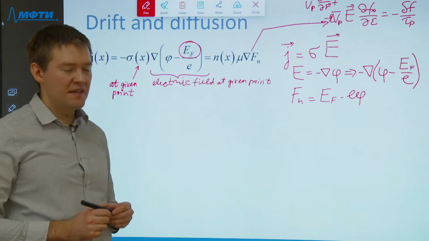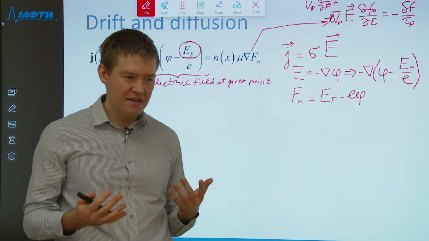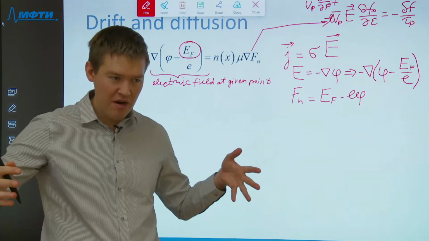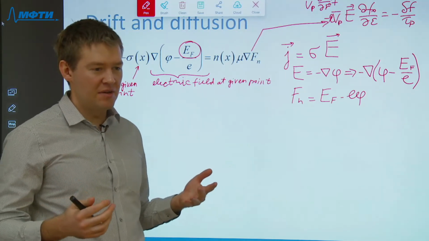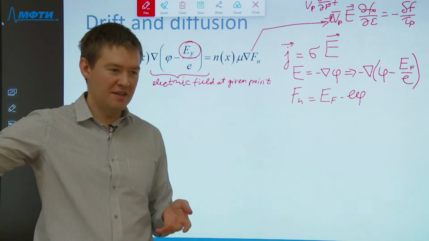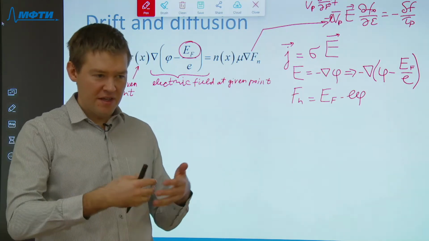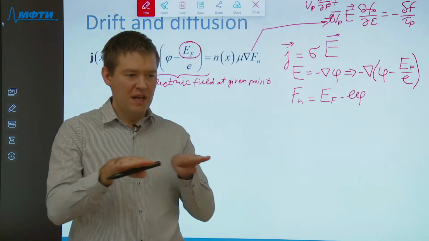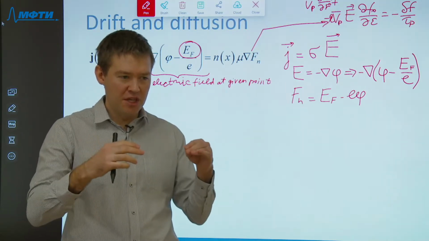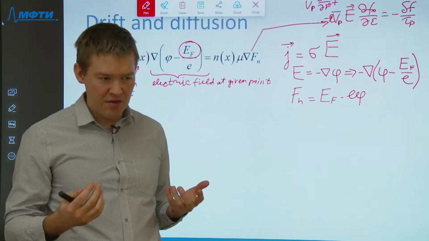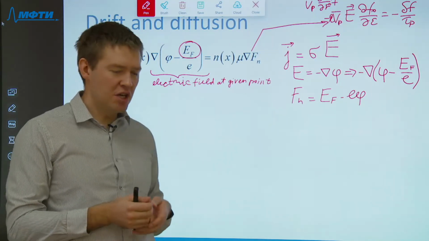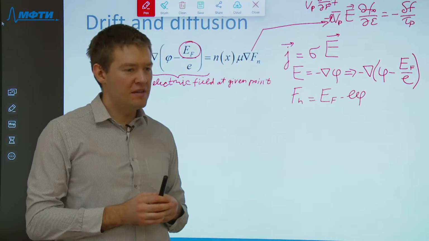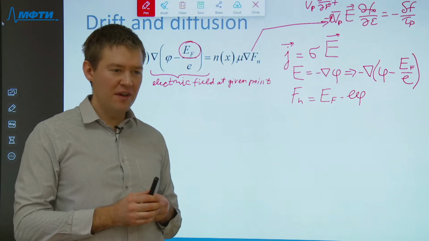Of course, it is valid if the field is really uniform in space. So if the field is constant everywhere, this approximation is valid because it doesn't matter at which point you take this constant field. But if the field is non-uniform, like you have some blade type electrodes with sharp edges, then the field is definitely non-uniform, and this approximation may break down in some very non-uniform fields.